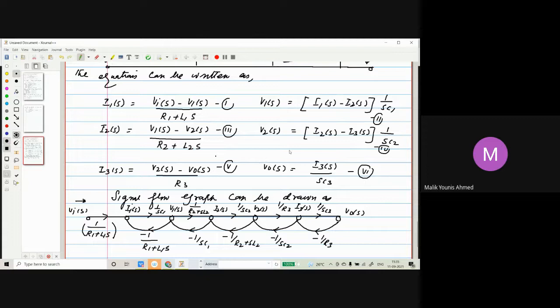But again, V1 also depends on current I2. So how are we going to get this? We are going to get it from the feedback. This value, minus values we have to get in the feedback. So I2 into minus 1 by SC2 will be nothing but V1. In totality, V1 will be the summation of this. So this will continue like this.